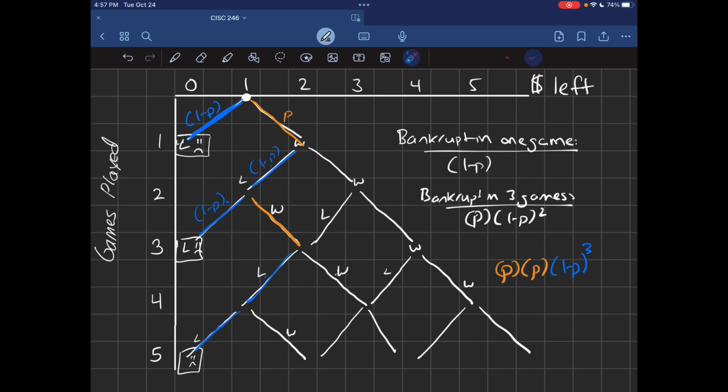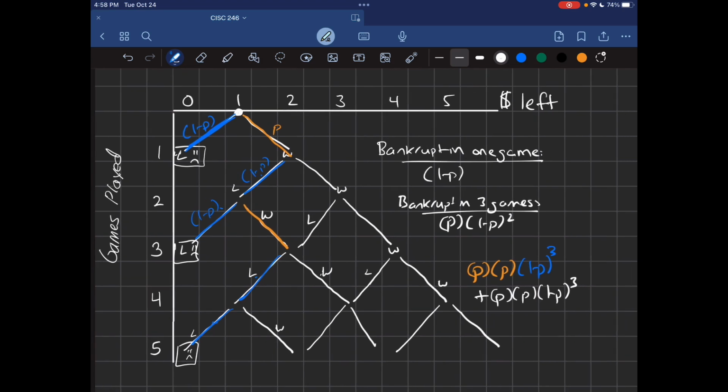All right, I have p, 1 minus p, p, 1 minus p, 1 minus p. And then I can also go one more way. I can go here, here, boom, boom, boom. Yep. So I already just did this one. And now I can also go double p and then triple loss, which is the same, right? Plus p times 1 minus p cubed.